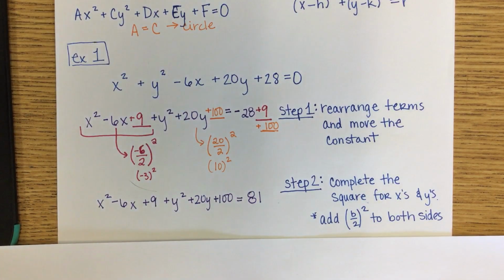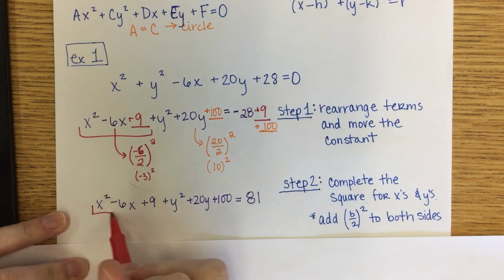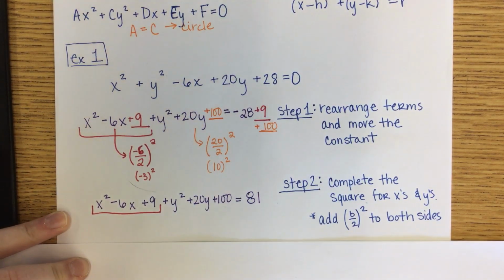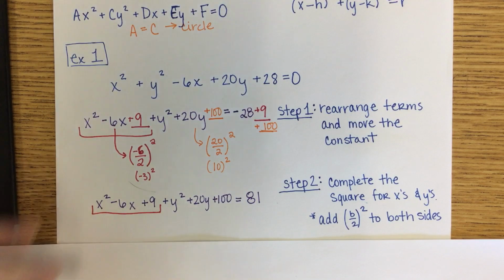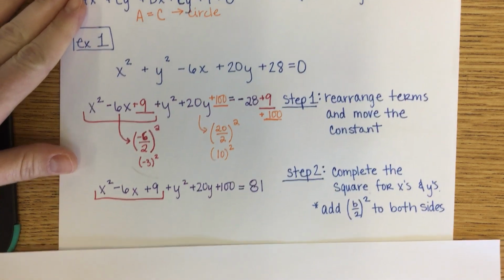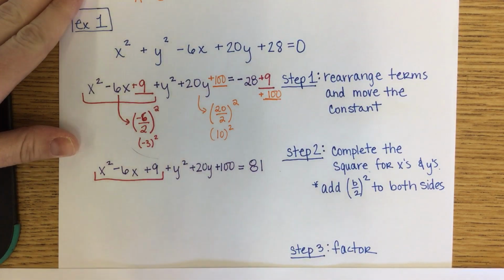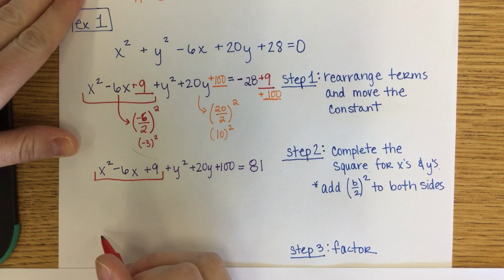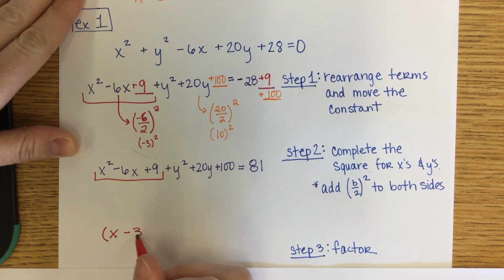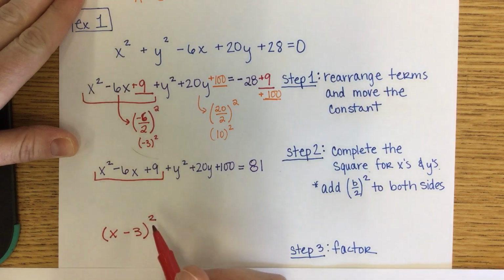So now we're going to take our x's and factor them. We created a perfect square trinomial, so we should know at this point that this is going to factor into a binomial squared. So I'm going to have x minus 3 squared.